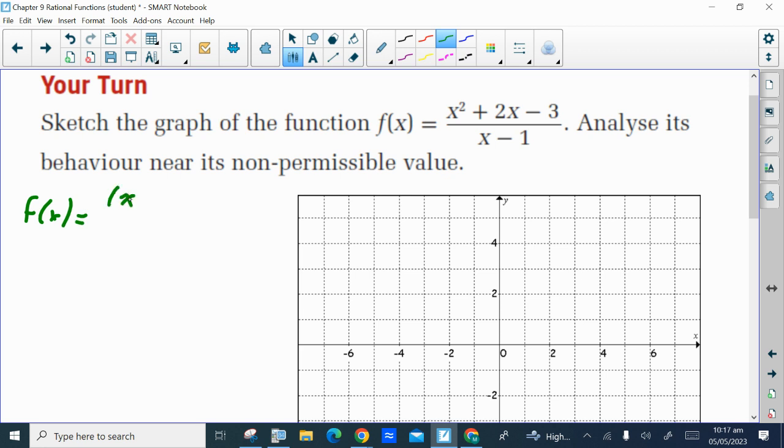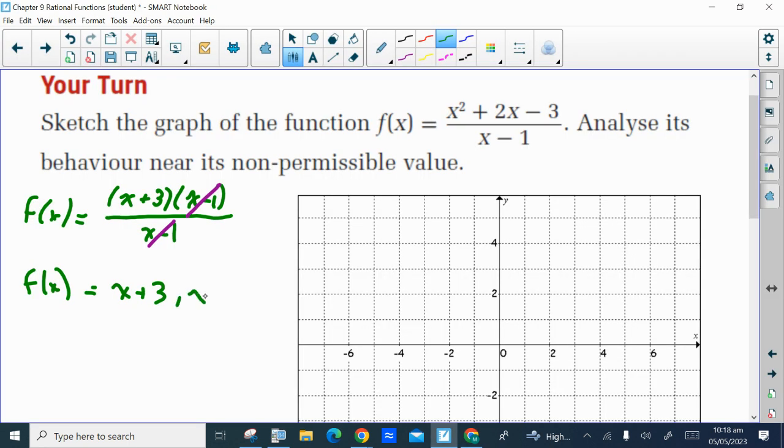By factoring the top, the factors will be x plus 3 and x minus 1, and now because we have a factor of x minus 1 on both top and bottom, we can divide top and bottom by x minus 1, which means now that you'll have a point of discontinuity at x equals 1. It also tells us that our simplified expression is just a linear function, y equals x plus 3.